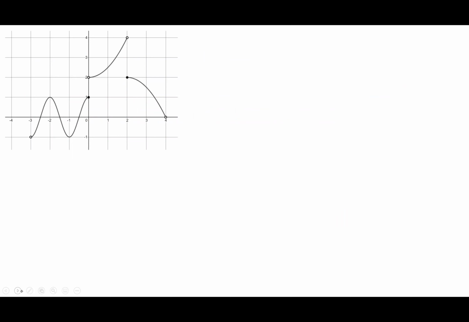Now, the two most basic questions are really domain and range. That's the first place we want to start. And so let's start with the domain. I'm going to write my domain and my ranges here in interval notation. When you think of domain, you really want to think left to right.